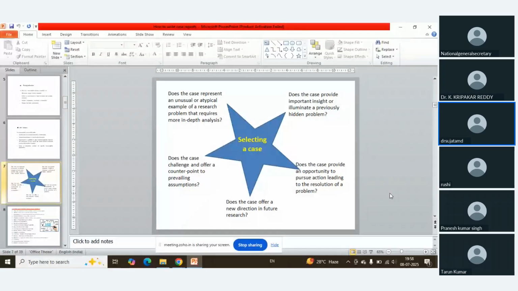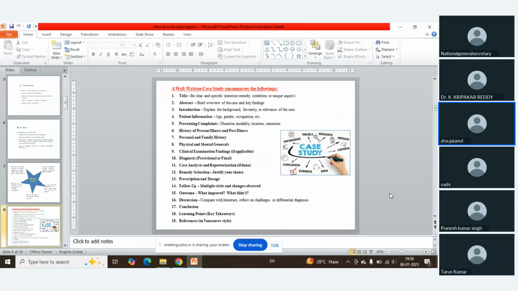So how will a well-written case study be structured? A well-written case study may encompass the following titles: abstract, introduction, patient information, which covers personal data and presenting complaints, history of present complaints, like how we are taking the case.